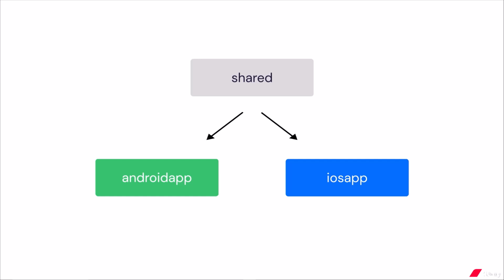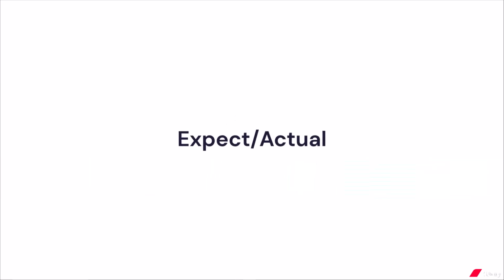However, to implement the logic on Android and iOS, you sometimes need to write two platform-specific versions of it. To handle such cases, Kotlin offers the expect and actual mechanism, which I'm going to talk about in a separate video. And the source code of the shared module is organized in three different source sets.